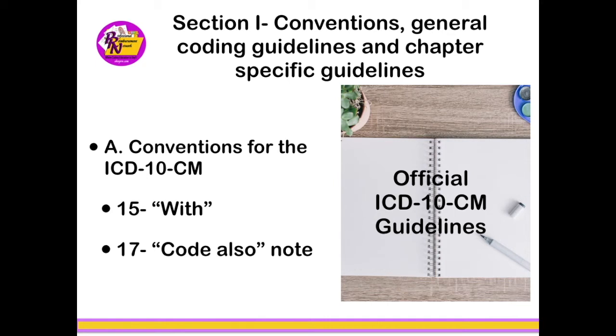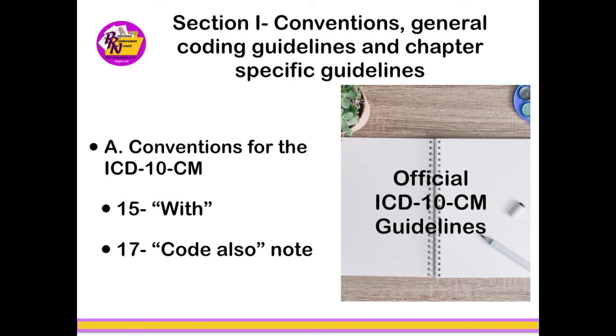For example, the sepsis guideline for acute organ dysfunction that is not clearly associated with sepsis. For conditions not specifically linked by these relational terms in the classification, or when a guideline requires that a linkage between 2 conditions be explicitly documented, the provider documentation must link the conditions in order to code them as related.